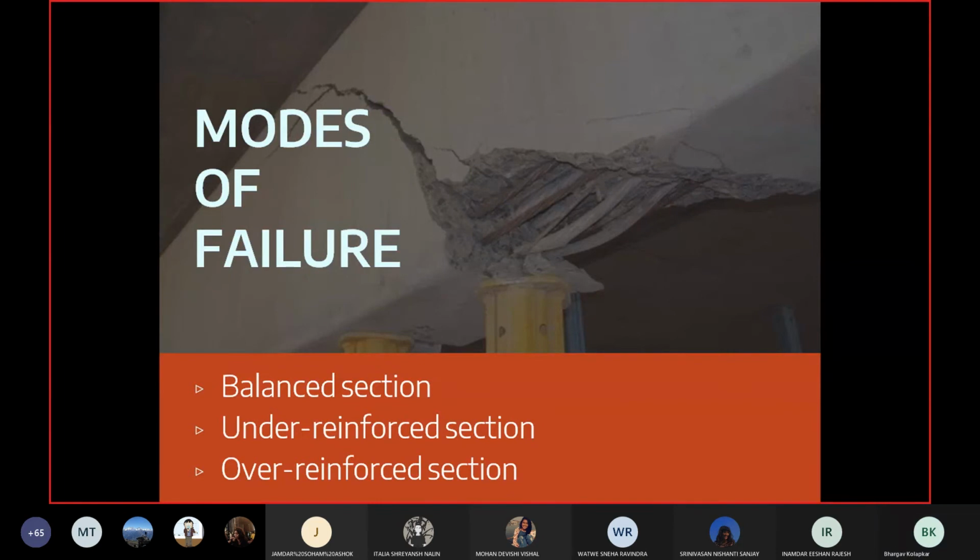So imagine a concrete beam that is in an unloaded state. In such a condition, the entire compressive strain and the entire tensile strain is taken by concrete.